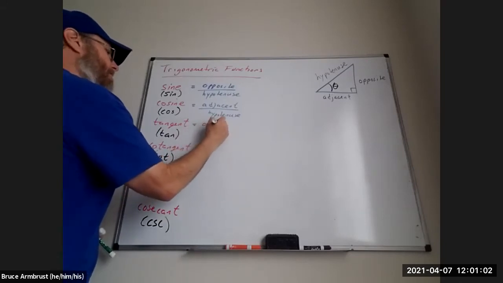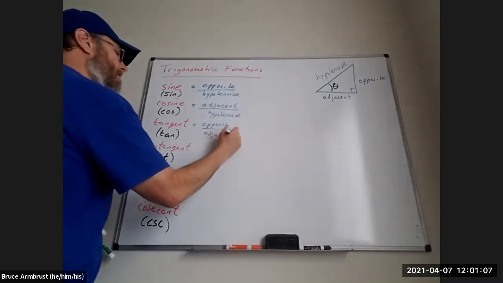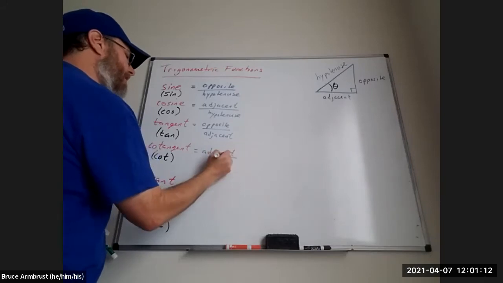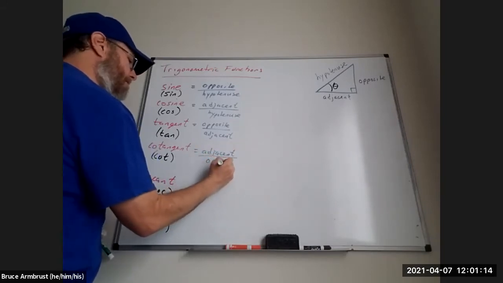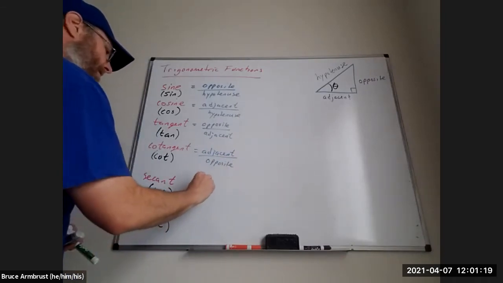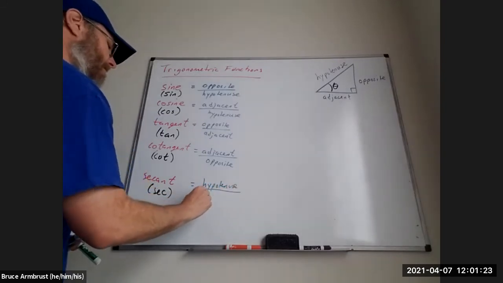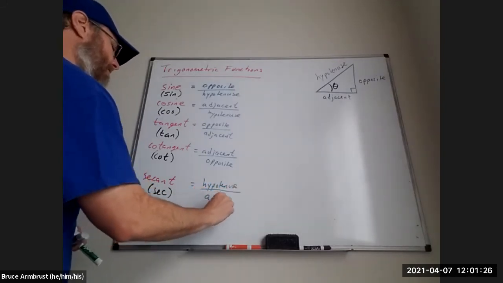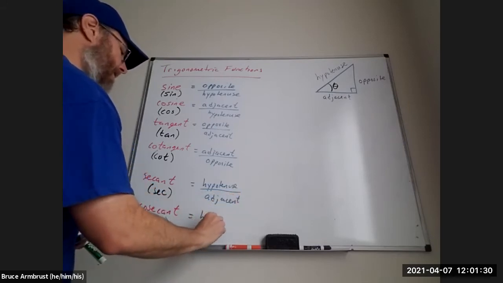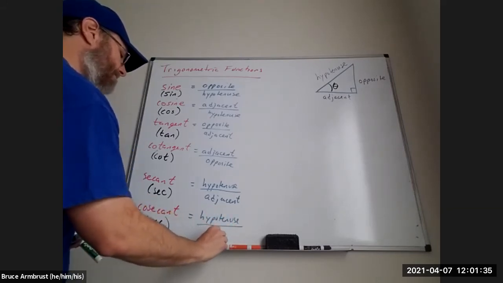Tangent is the opposite divided by the adjacent. Cotangent is the adjacent divided by the opposite. Secant is the hypotenuse divided by the adjacent, which leaves for cosecant the one other combination, which is the hypotenuse divided by the opposite.